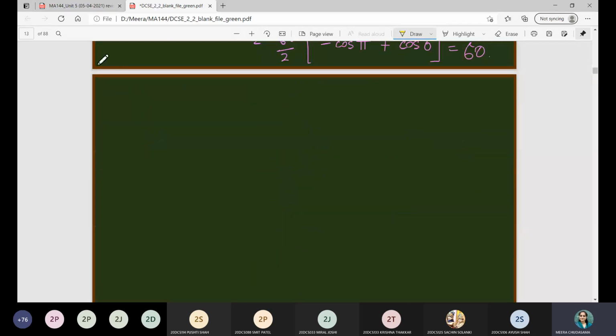So I will write the example here first. The example we are going to consider: evaluate.